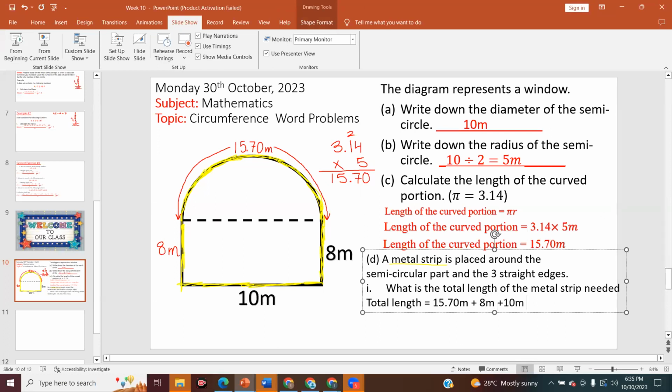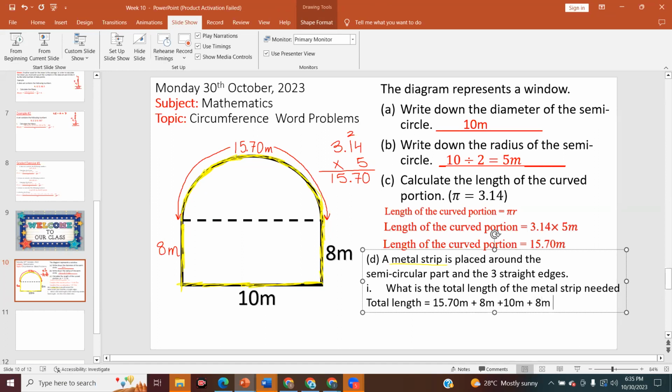What else do we have to add? I think we're missing one, right? We have another 15.70, 8 meters, and then what else? Another 8. Yes. So we're missing another 8.